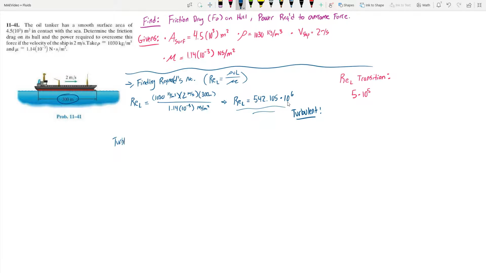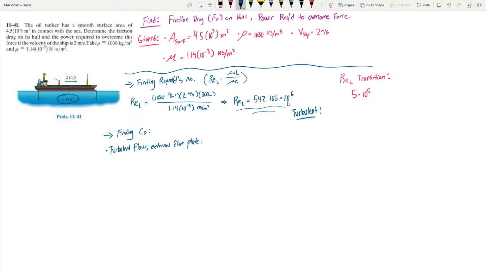Let's title this Finding the Drag Coefficient. So you could see in your book, or if you want, you could look at my other video on drag coefficient.